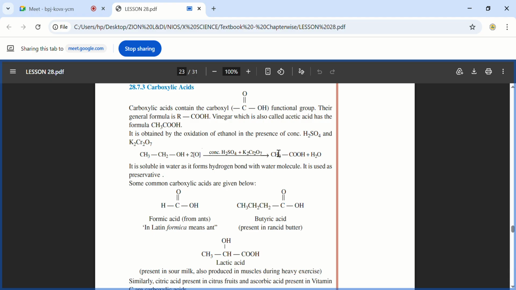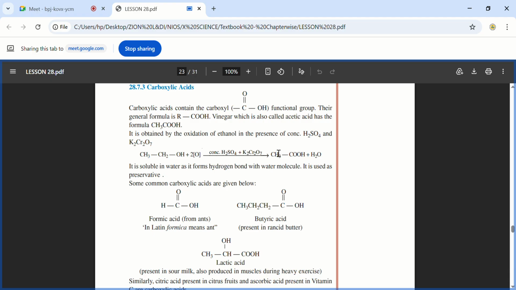And then we have ethanoic acid, and we learned that in certain fruits and vegetables we have a lot of acids like tartaric acid, citric acid, lactic acid. In the tomato we have oxalic acid, in tamarind we have tartaric acid, in lemon and amla we have citric acid. All these are carboxylic acids only.